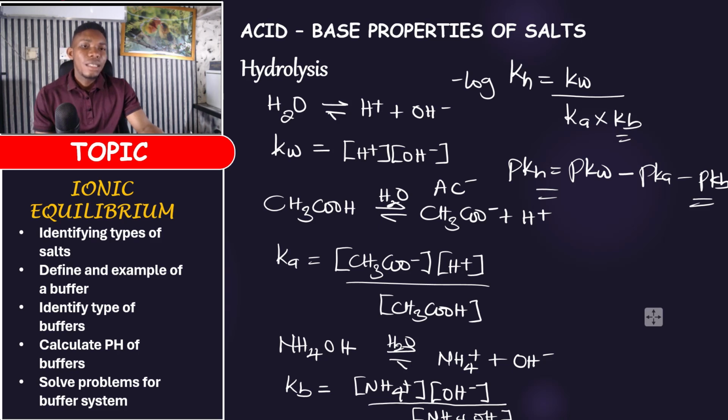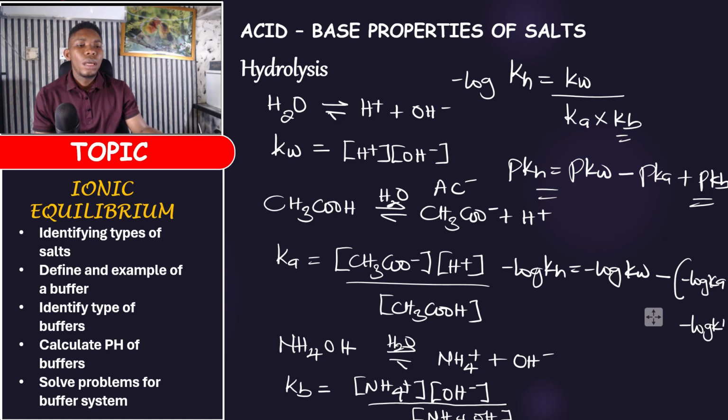Because in mathematics, if we take minus log of everything here, you write minus log Kh equals minus log Kw. In logarithm, if there's division, it changes to a negative sign. Are you getting it? So you have minus bracket, everything here will become minus log Ka, and then minus log Kb.